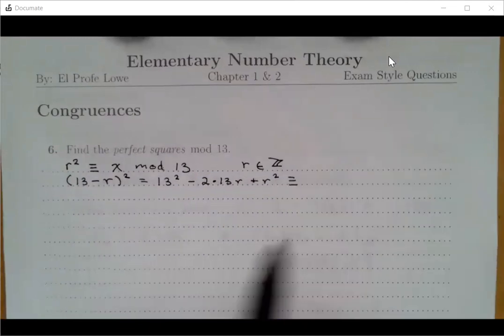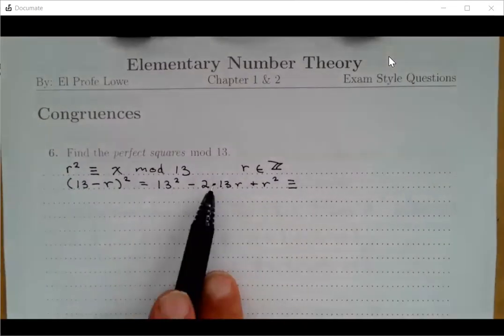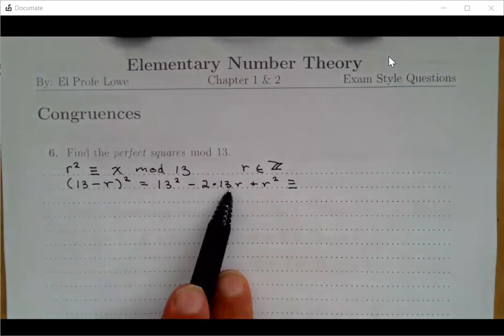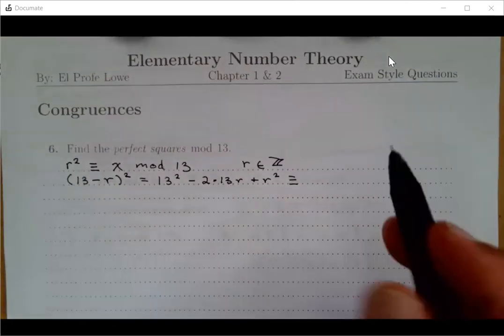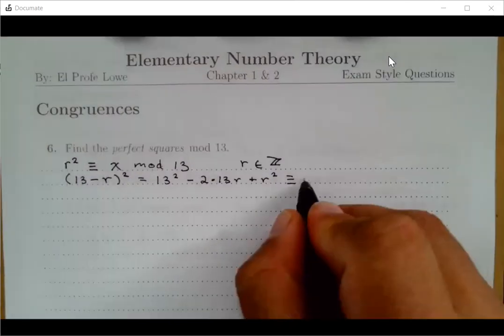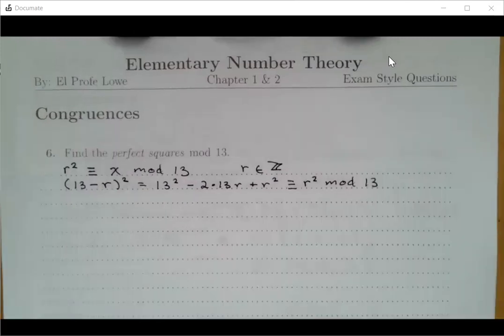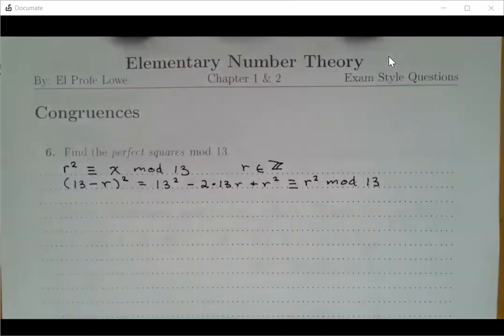Because the first two terms are multiplied by 13, we can say that (13 minus r) squared is congruent to r squared modulo 13. What that means for us is that we will be able to shorten some of the work that we need to do.